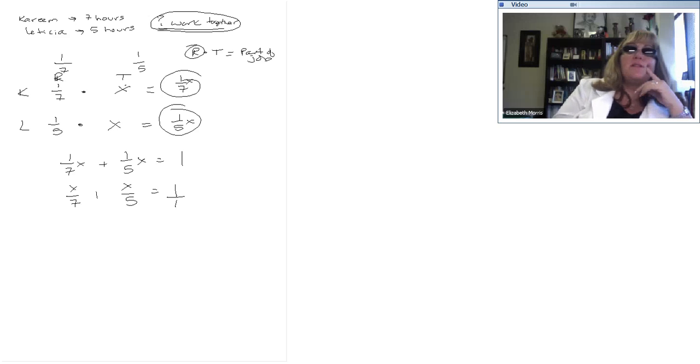What is the common denominator for 7, 5, and 1? It's 35. So we have to multiply. What I'm doing is I have a fraction equal to something. I need to solve for x, and I need to get rid of the fraction. So I'm going to multiply each piece by the common denominator.